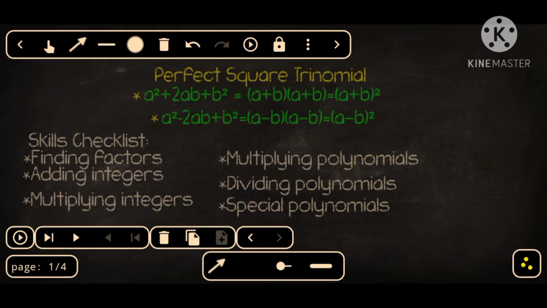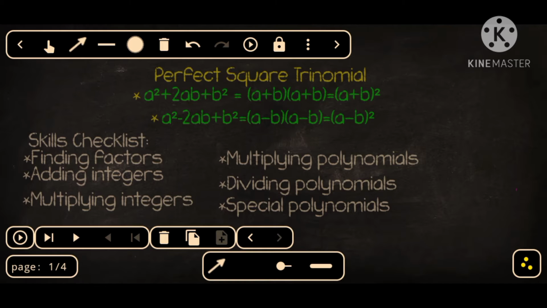So we have this form, a squared plus 2ab plus b squared, or a squared minus 2ab plus b squared. A perfect square trinomial is in this form and this form also. As you can see from the name itself, trinomial, it consists of three terms.